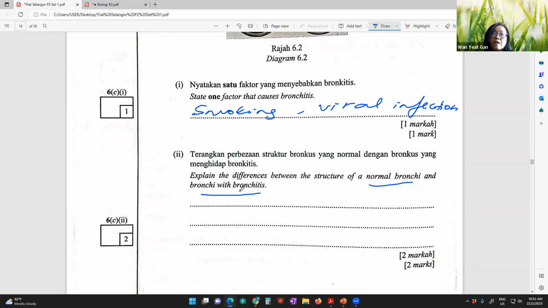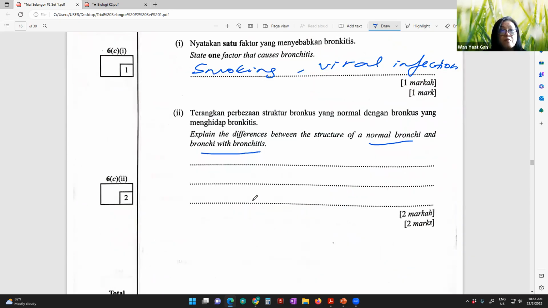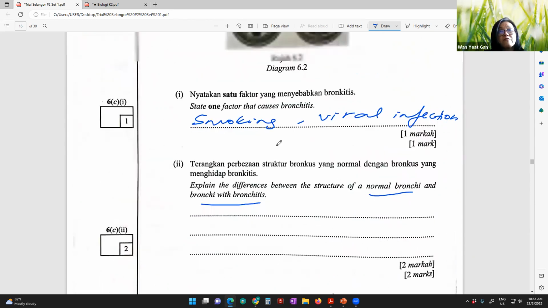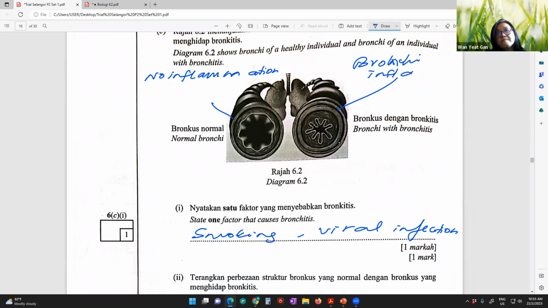So the one on the left is a normal bronchi and this one is a bronchi with bronchitis. So the difference is, you can see from the picture that for a normal bronchus, there is no inflammation. Here, the bronchi is actually inflamed.